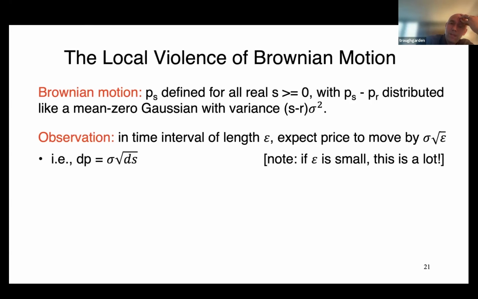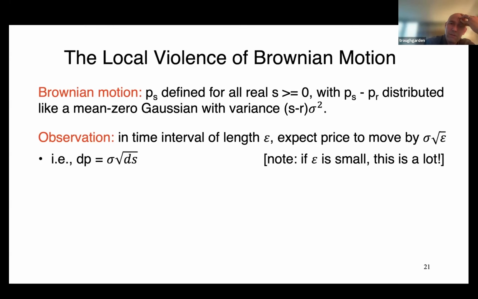You expect the price to move in this interval by sigma times the square root of epsilon. When epsilon is really small, the square root of epsilon is really big compared to epsilon. So in this tiny time interval, you're expecting to see a really massive deviation in the price. This is what I mean by the local violence of Brownian motion.